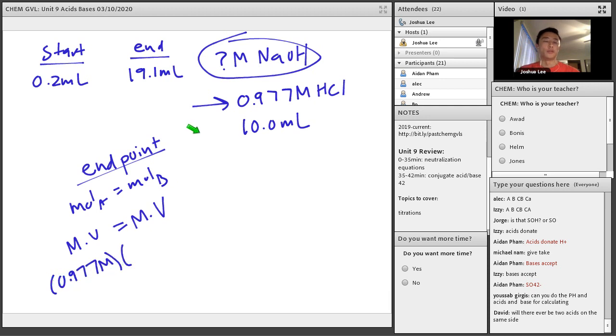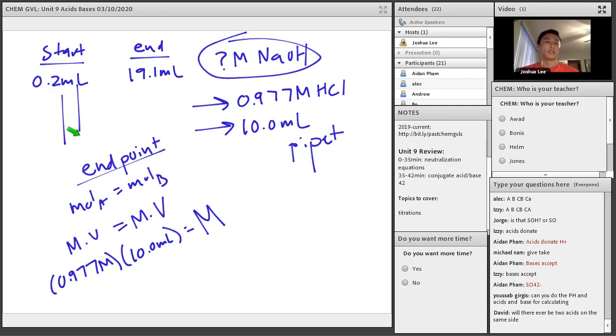We know the volume that we pipetted, 10.0 milliliters. We don't know the molarity of the base, but we can find the volume of the base. If I started my line at 0.2 and ended at 19.1, how can I figure out how much base I used? What math would I have to do?